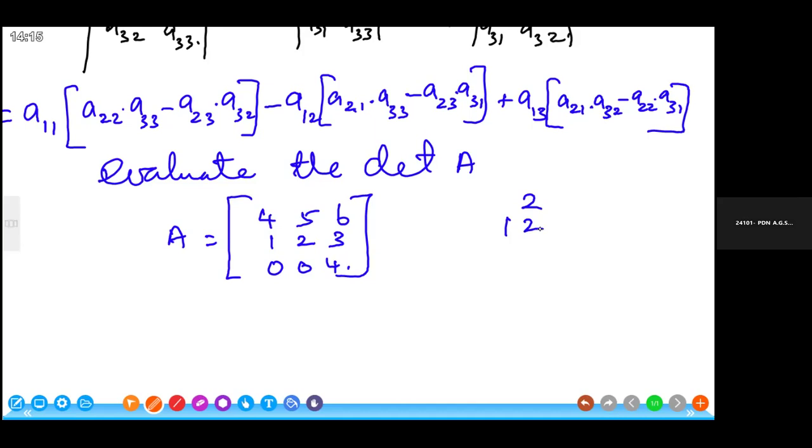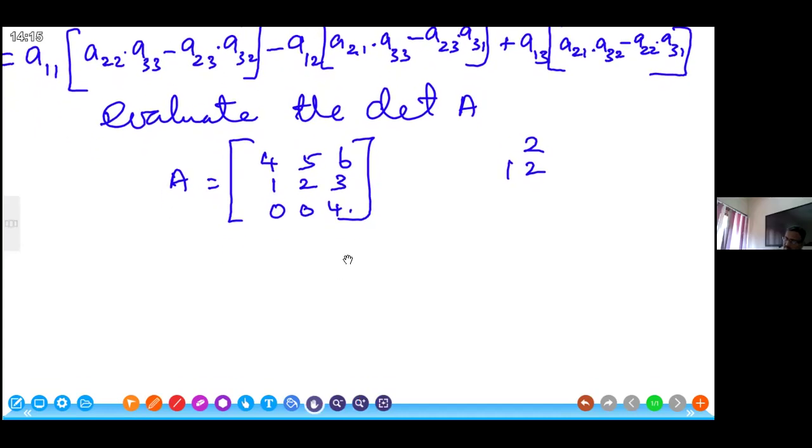Any other value other than 12 and 2? 18. Okay, we will do it anyhow and see how far it is.